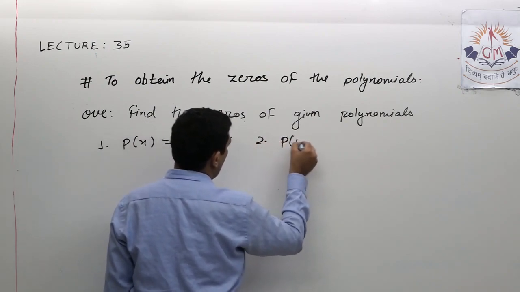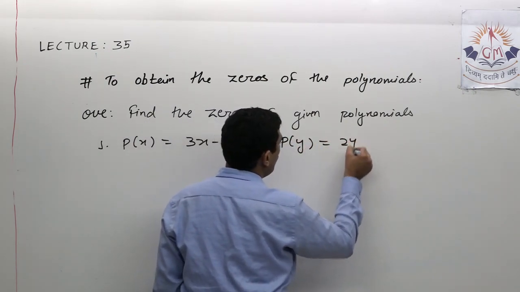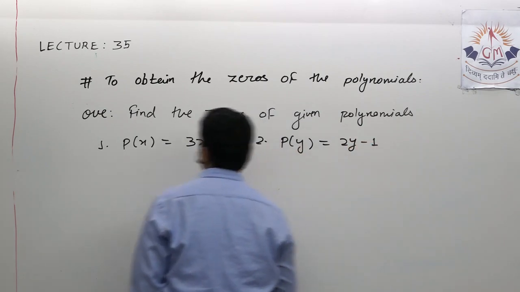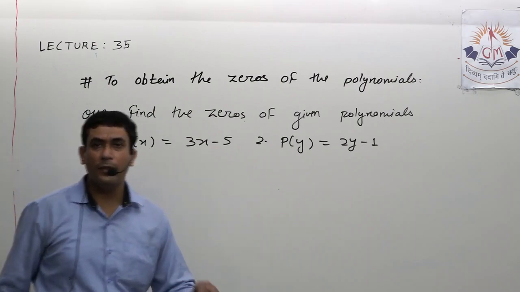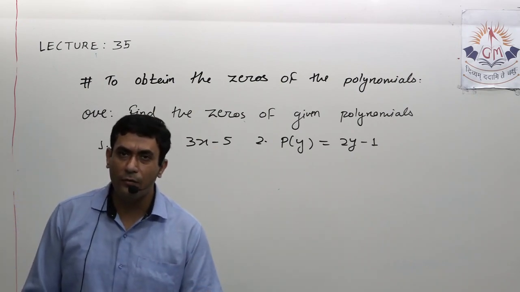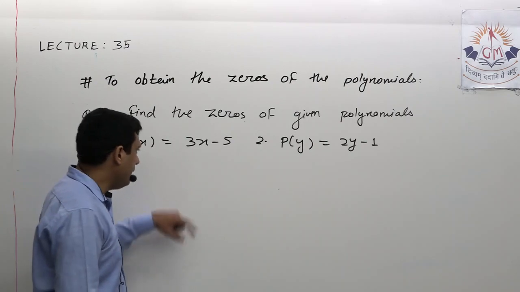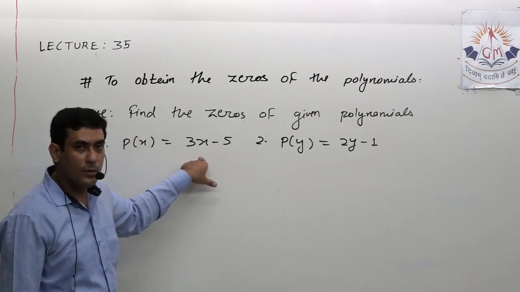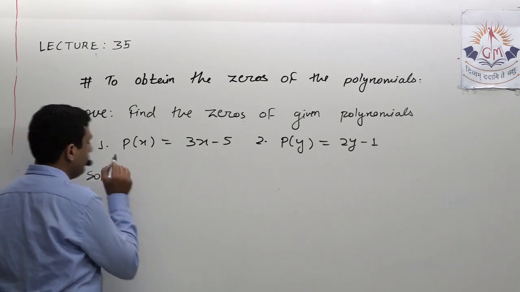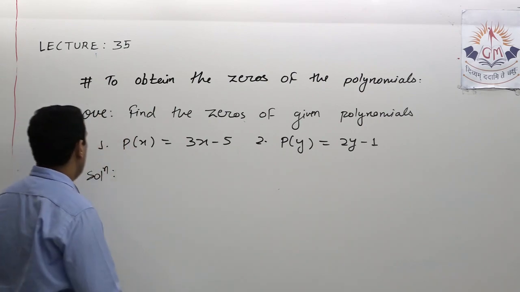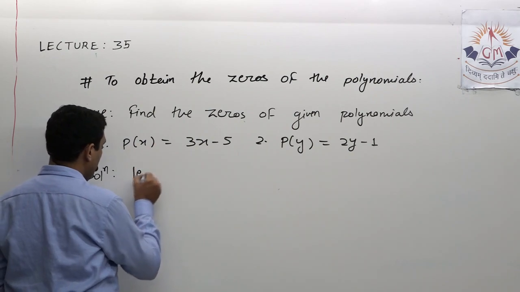Second one is p of y is equal to 2y minus 1. What we have to do? We have to find the zeros of this polynomial. That means we have to find that value of the variable for which this polynomial becomes 0. Okay, let us see how to find the 0 of the polynomial. It's very easy.